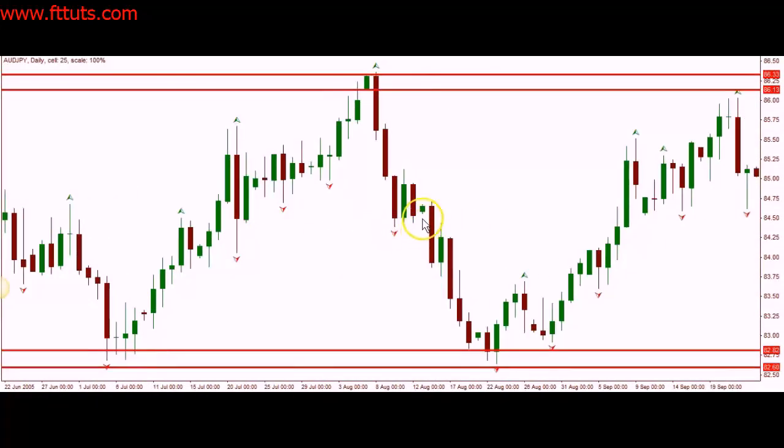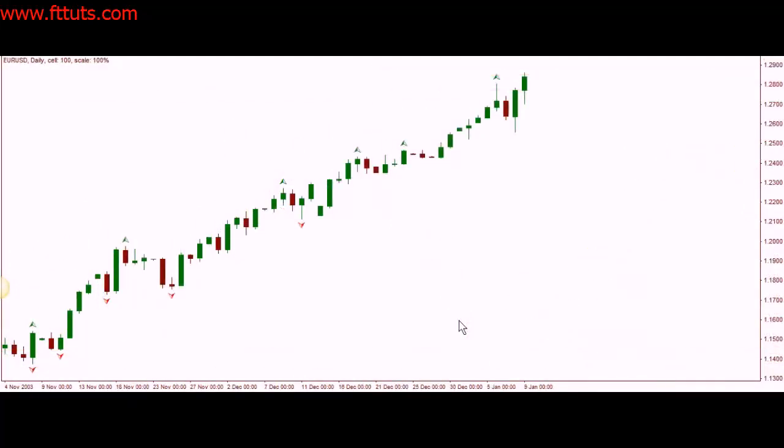So let's look at some other opportunities. All right, so we're going to look at another opportunity we find here with the daily time frame of the euro US dollar. So the main time frame that you want to use is the daily time frame, but this works on all time frames.